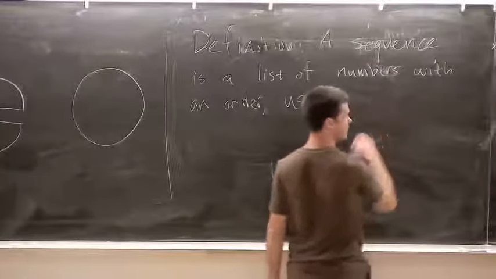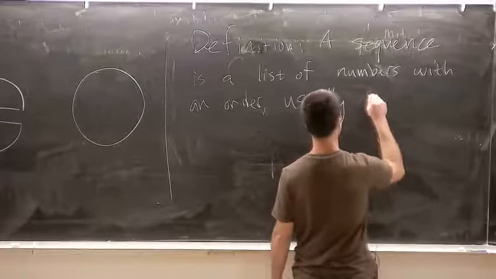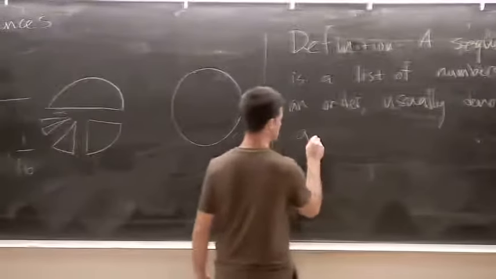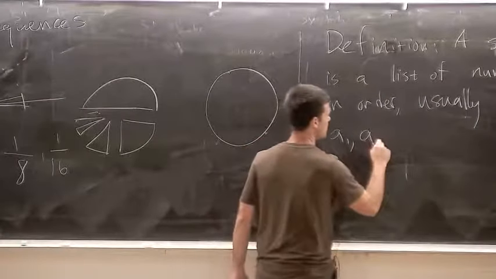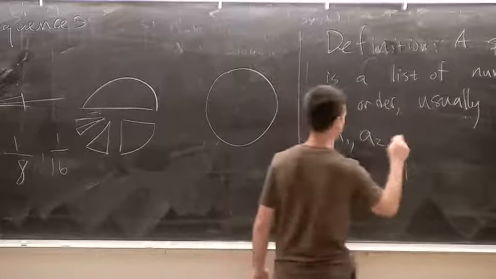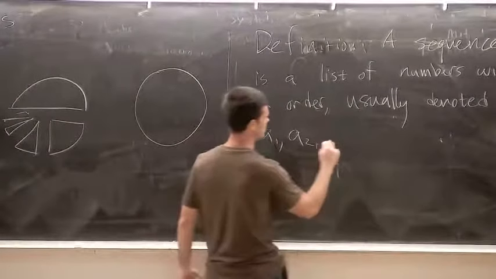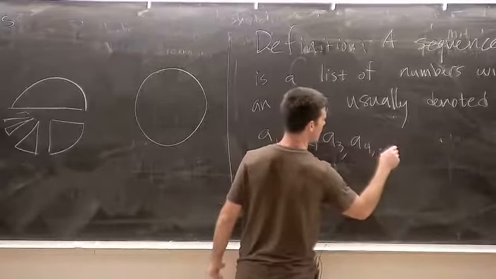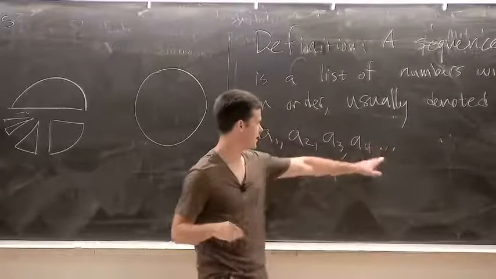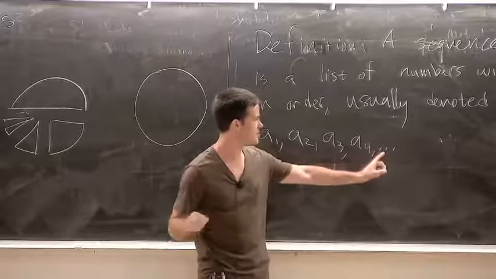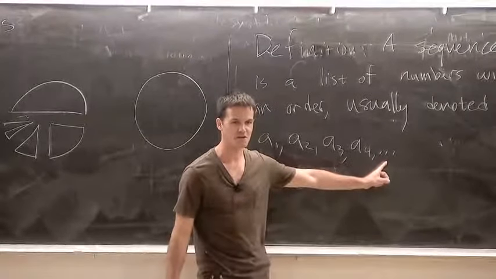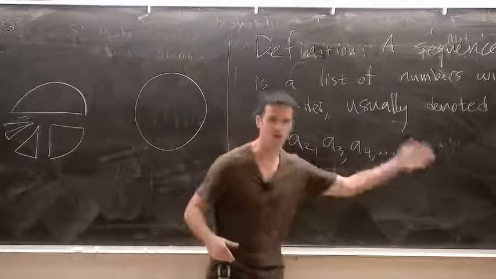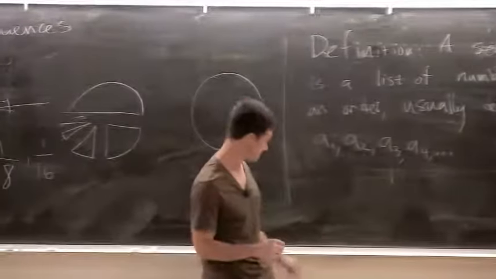Usually, the notation that we use for them is a little index subscript to indicate that this is the first term of the sequence, this is the second term, the third term, the fourth term, and then the dot, dot, dot, which, by the way, who knows what the name for a dot, dot, dot is? An ellipsis. The ellipsis means continuing on in the same fashion.